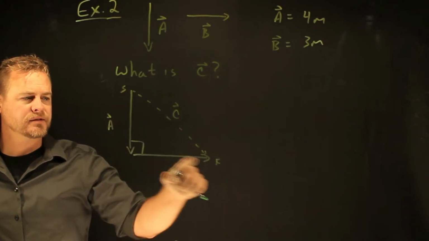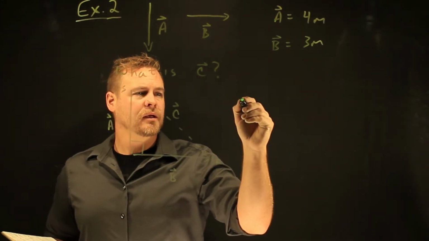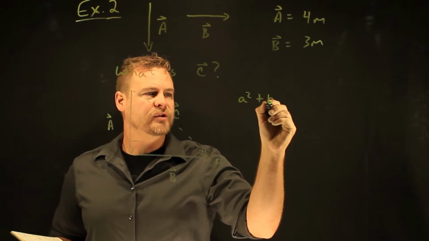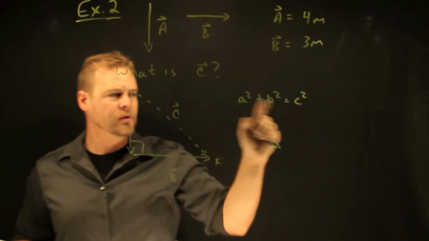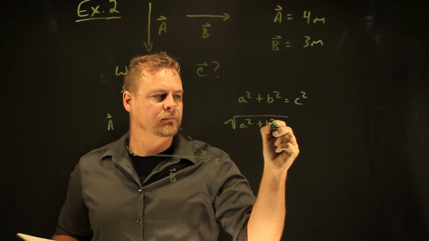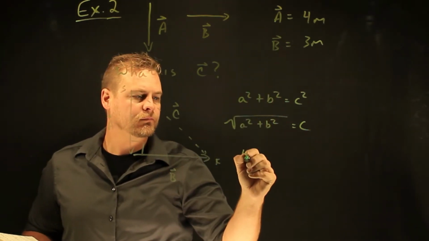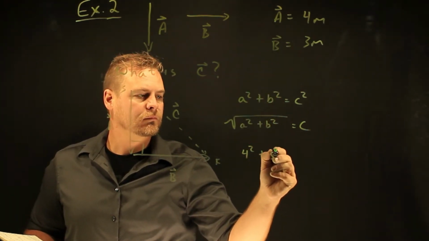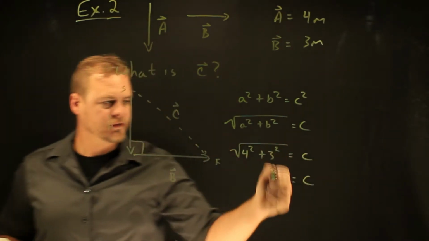Well, being that this is a right triangle, we can use Pythagorean's theorem, where a squared plus b squared is equal to c squared. I want to solve for c, so I'll set this equal to c, and then I'll plug in my values. And I'll go ahead and solve.